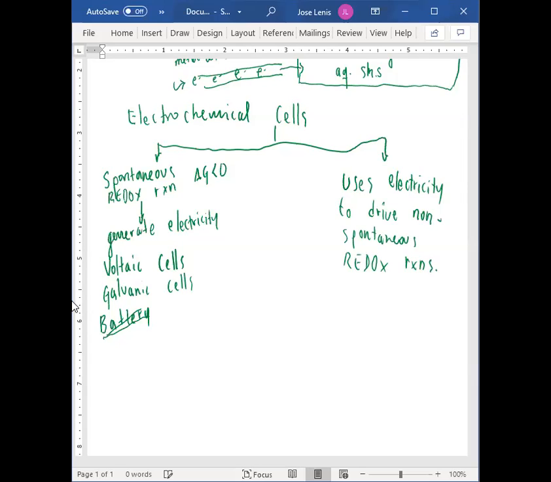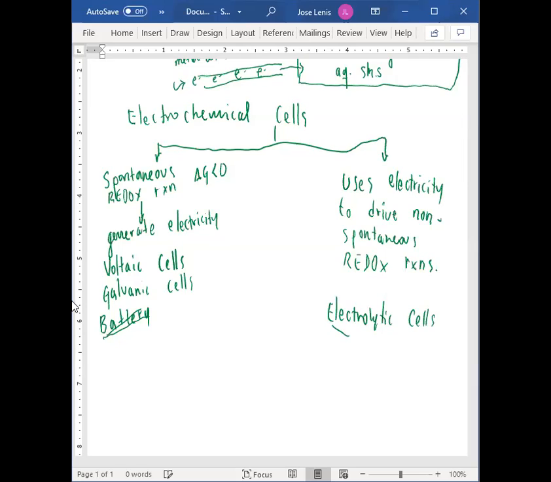You see, it's the opposite to the voltaic cell. The voltaic cell generates electricity. This type of cells is called electrolytic cells because it uses electricity to break down a chemical substance. In order to do that, it uses electricity and drives non-spontaneous chemical redox reactions.